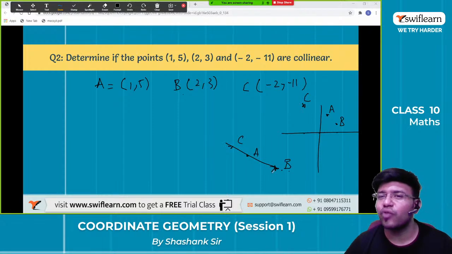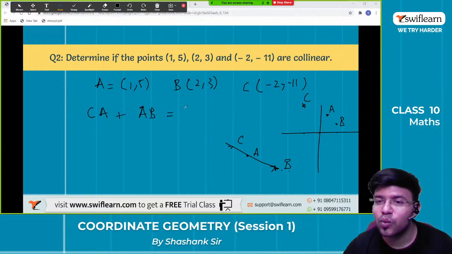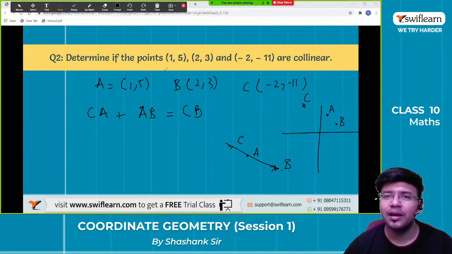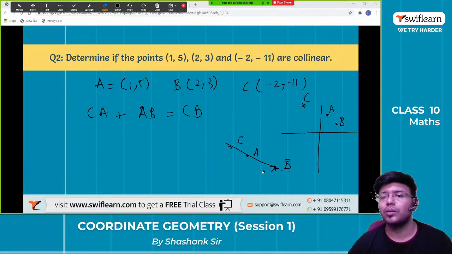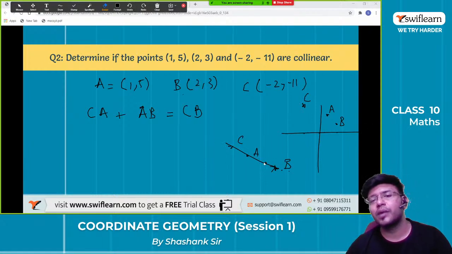This is what we need to find. We need to find CA, we need to find AB, add them. If that is equal to CB, then this means all the points are collinear. So this is the rough diagram required.